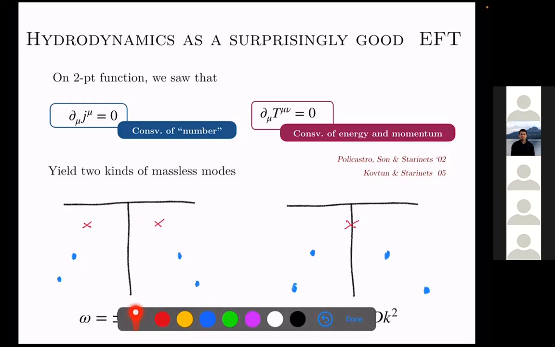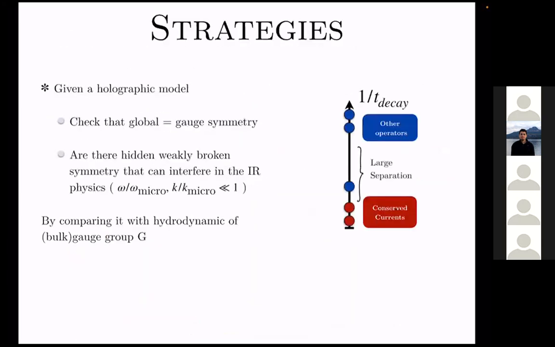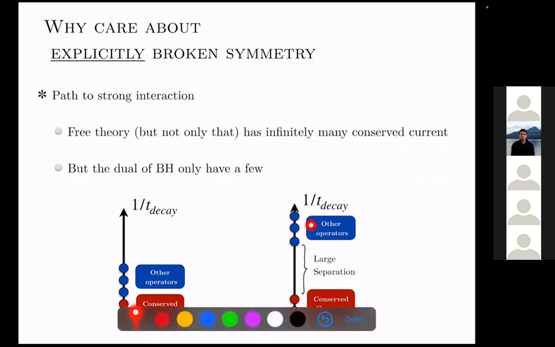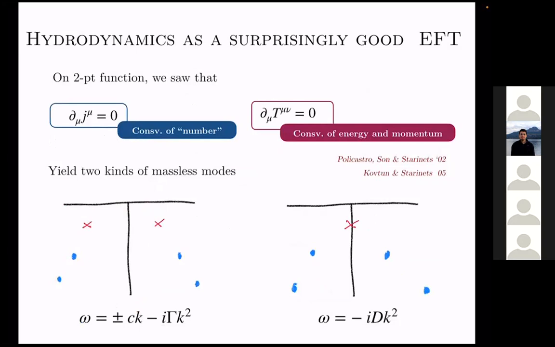So you should try to relate this picture to these things: there's a large separation here that is set by temperature, and there are other operators and conserved currents. This part is captured by the hydrodynamic sector, and this part is kind of microscopic; these are the other poles, not the red ones. And again, this has been seen in holography since 2005.